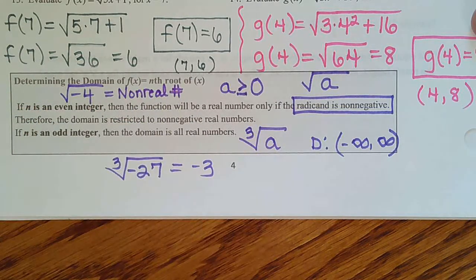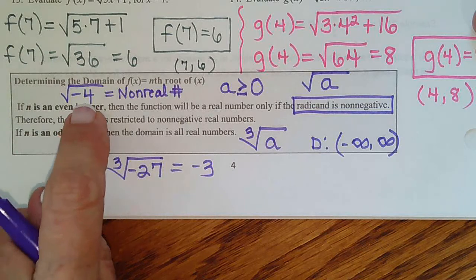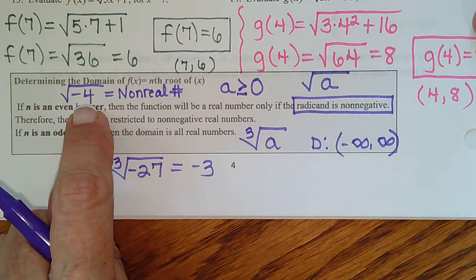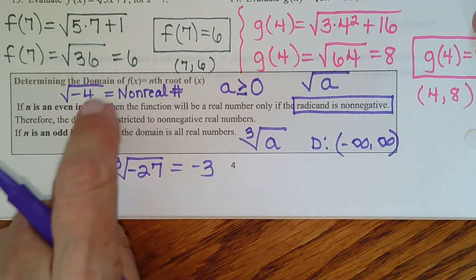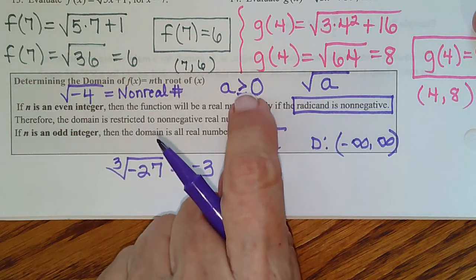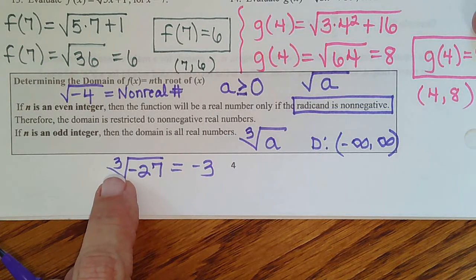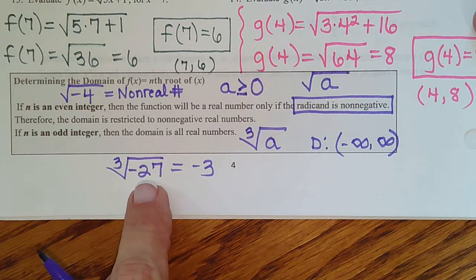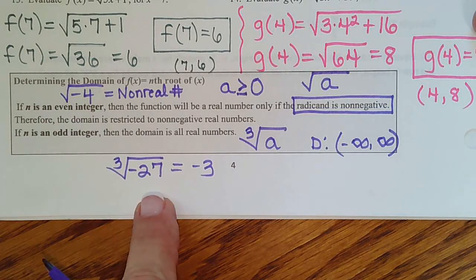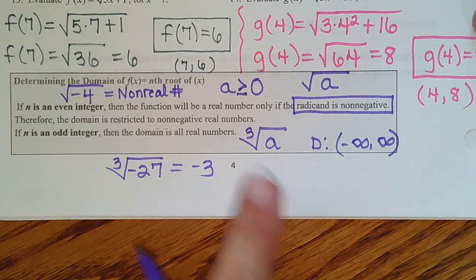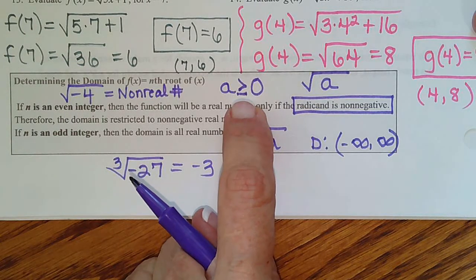Because I want you to understand, I don't want you just to memorize stuff. I want you to understand. So when the index is even, I cannot find that answer. If you do it on your calculator, it will say error. So that means whatever's under the radical must be equal to 0 or greater than 0. But with an odd index, we can put any number we want: positive, negative, 0, fraction, decimal. So this is how we find the domain on the next page.